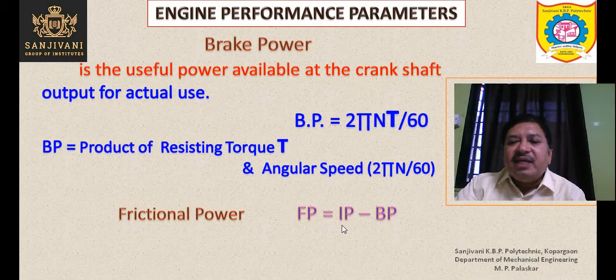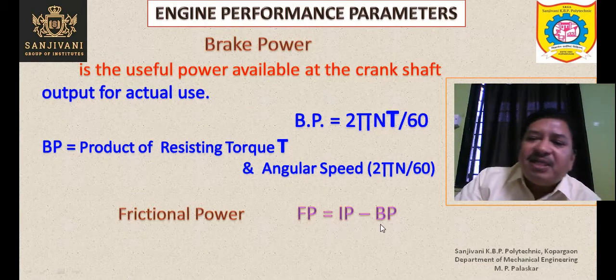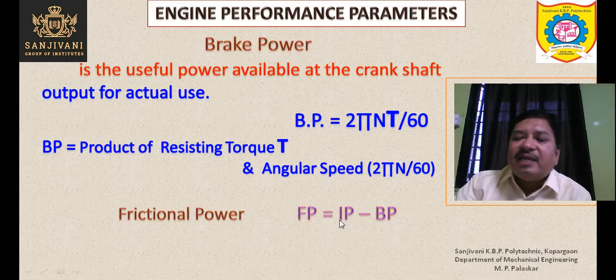Since a sufficient amount of power is lost in overcoming the friction and some other losses which take place inside the engine or the various moving parts of the engine, you will find that the brake power is always less than the indicated power, and the amount by which the brake power is less than the indicated power is equal to the frictional power.